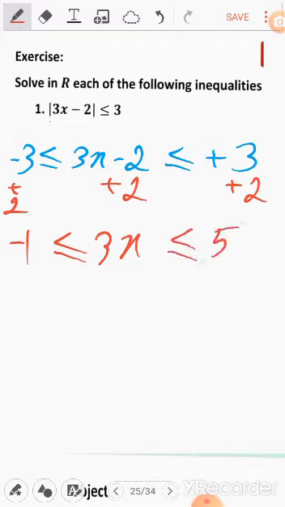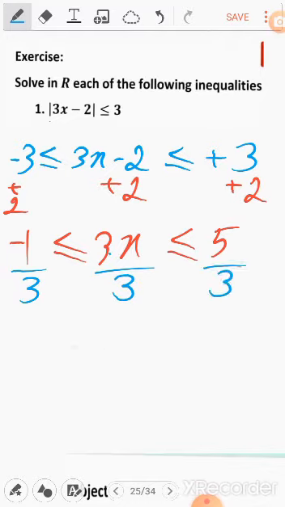Now we have to divide by 3 because x is multiplied by 3.